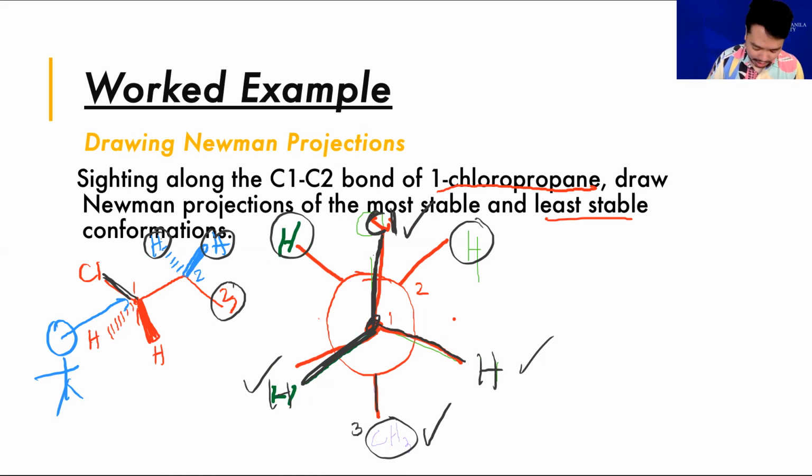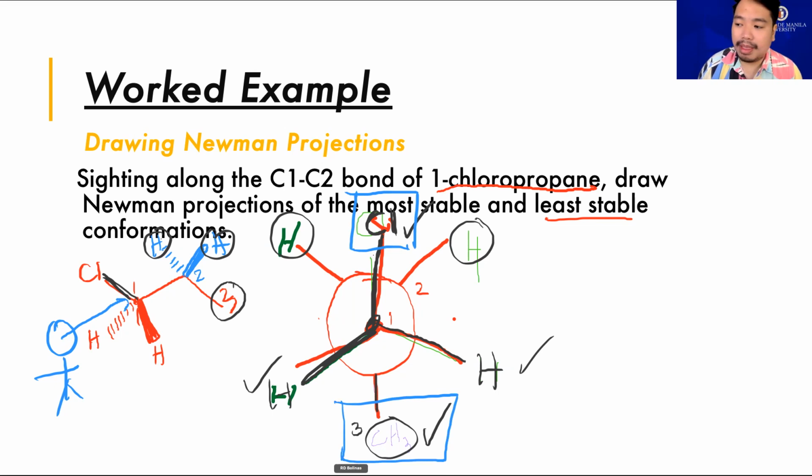Now, the two largest groups. On carbon 1, the largest group is the chlorine. And on carbon 2, the largest group is carbon 3, that's CH3. This particular form, what do we call this conformation? What's the name of this conformation?